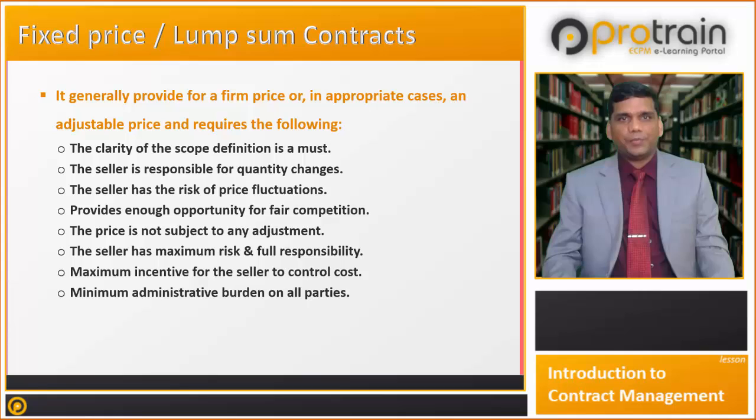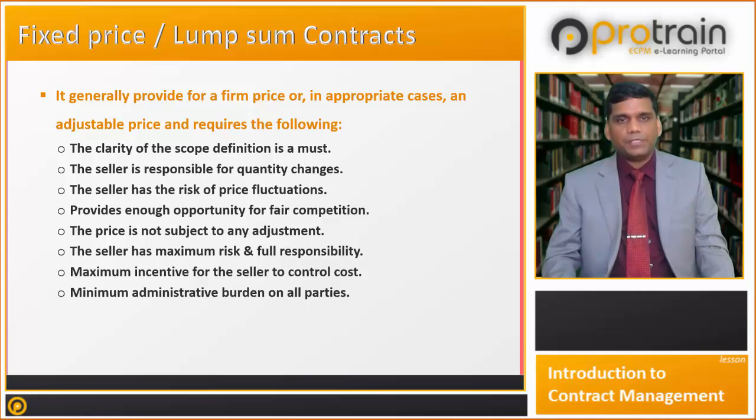The clarity of the scope definition is a must. The seller is responsible for quantity changes. The seller has the risk of price fluctuations, and it provides enough opportunity for fair competition.